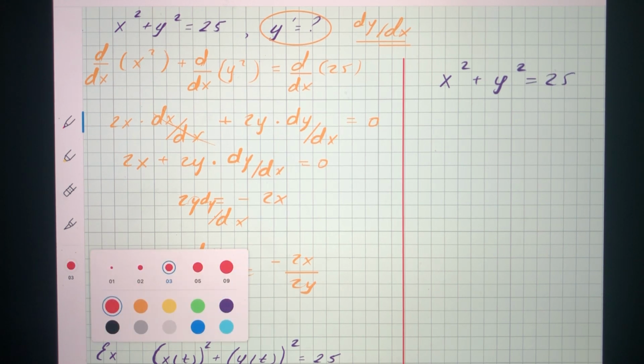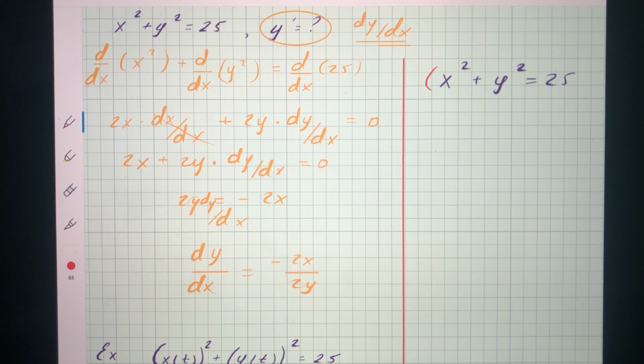It may be easier to simply take the derivative using the Newton notation. And remember that the derivative of x squared is 2x, and the derivative of y squared is 2y, but each time I'm taking the derivative of y, I need to add y prime. And the derivative of 25 is 0.